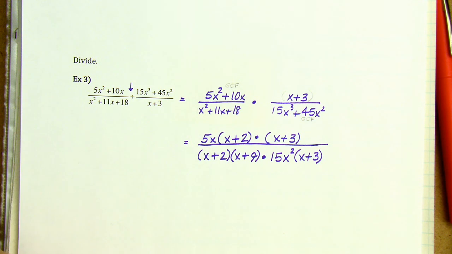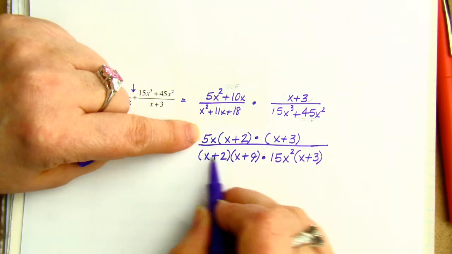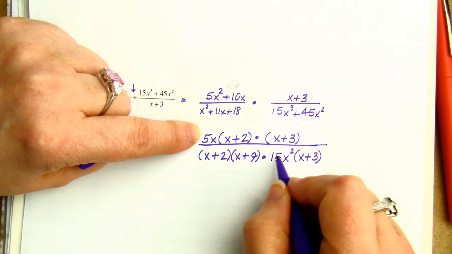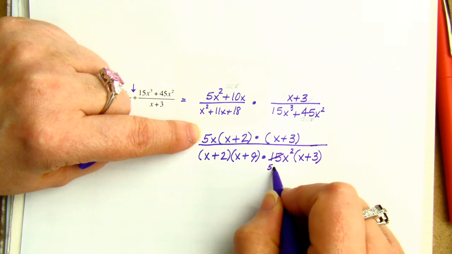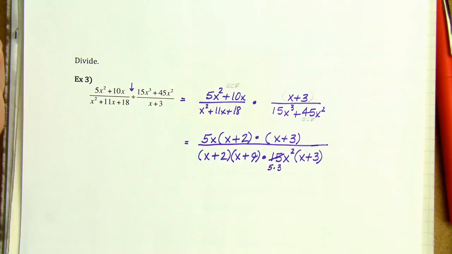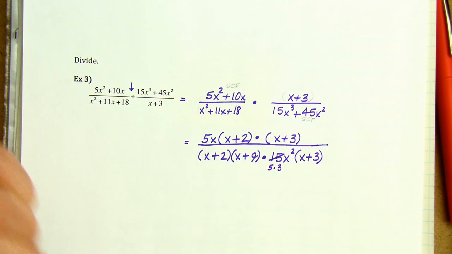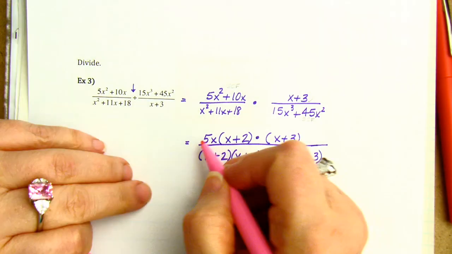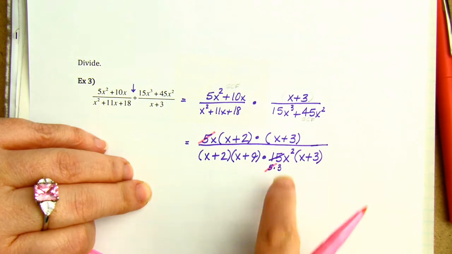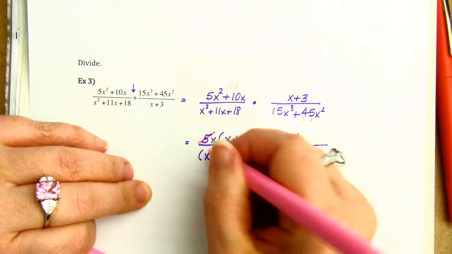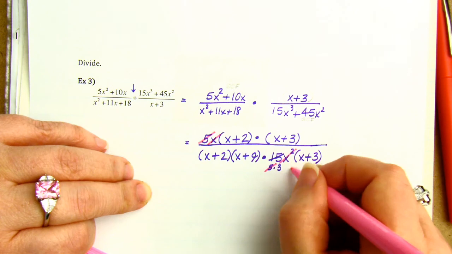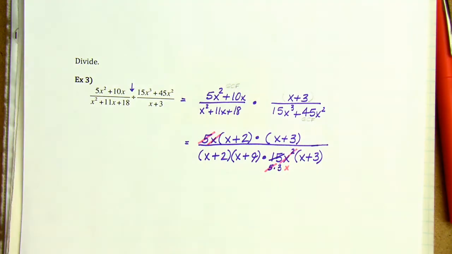All right, now I'm ready to take some numerator-denominator pairs. All right, 5. Is there 5? There's not a 5, but there's a 15. Folks, can I rewrite this as 5 times 3? Right? So when I rewrite it as 5 times 3, this 5 can take that 5 out. The 3's still there. This x will take out one of these, leaving me with 1x.